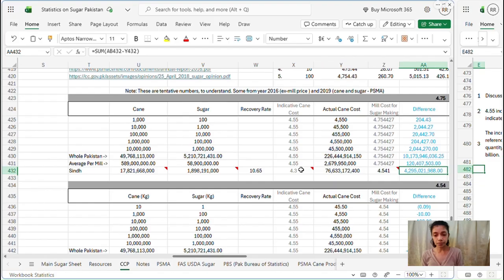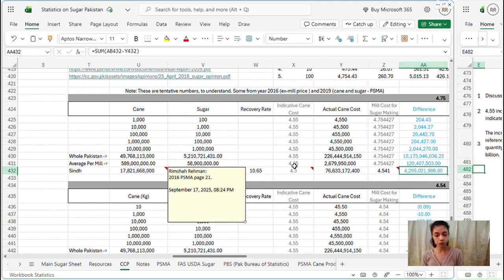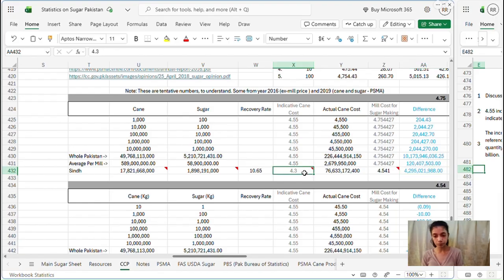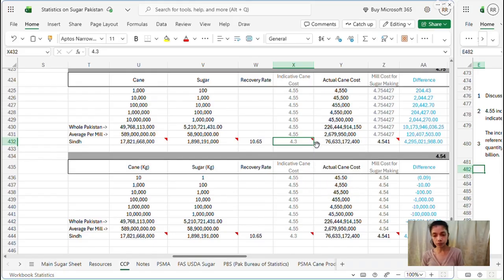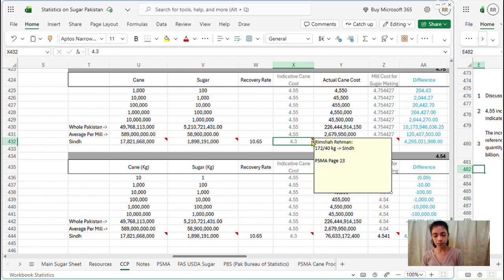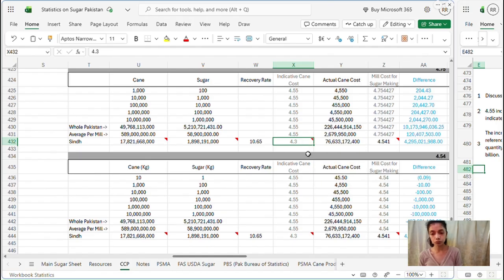Now as per indicative prices, assuming these numbers are from 2016, they purchased sugarcane at 4.3, which was the indicative price in 2016, around 172 per 40 kg, right? So the per kg price becomes 4.3 rupees.